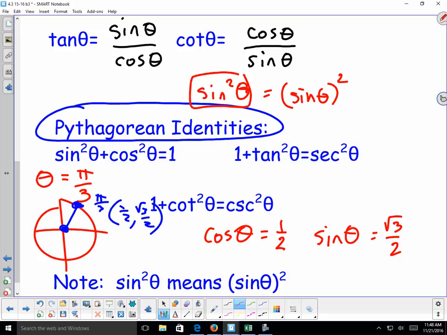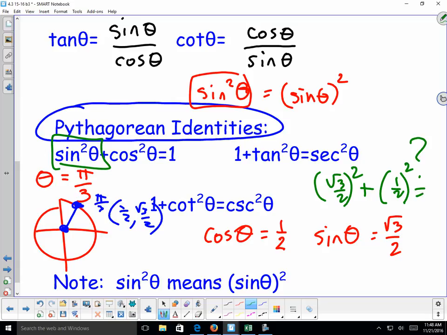So here's what I'm asking you to check right now. If I take sine of theta, that's square root of 3 over 2, and I square it, and I add to it the cosine, which is 1/2, and I square that, do I really get 1, which is what I'm supposed to get?